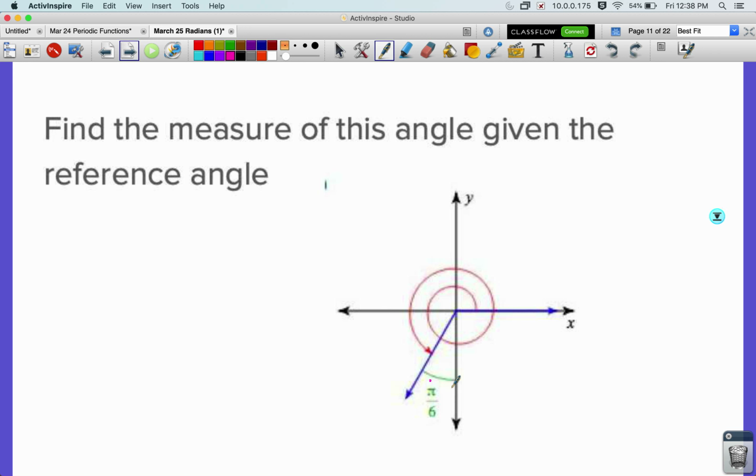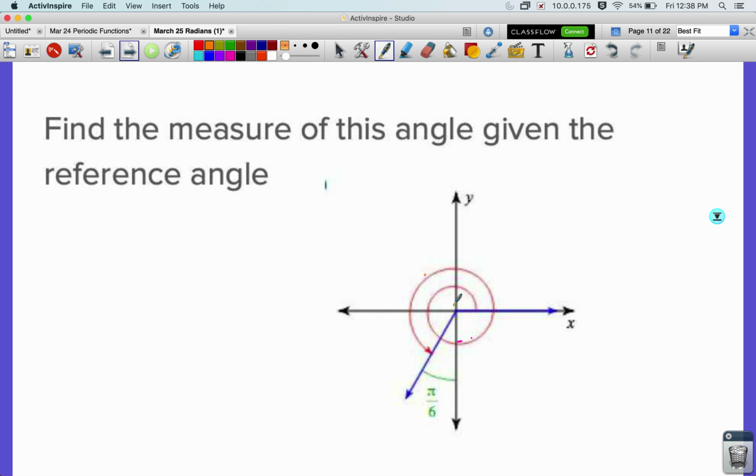But we are given a little reference angle, which shows either how much rotation is left or how much past one of our axes we've gone. Here we see this terminal side has been rotated around a full time, plus another half time, plus a little bit more, and it stopped pi over 6 radians short of reaching the negative y-axis here.